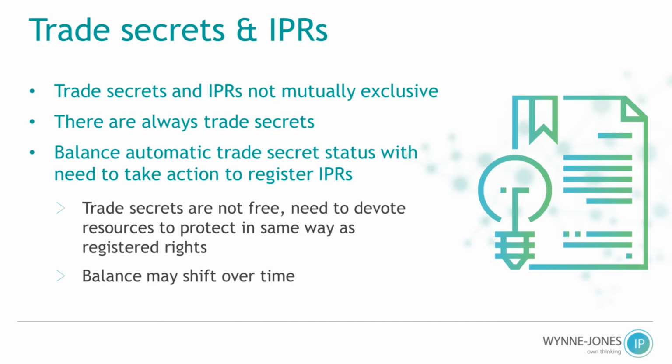Now let's quickly look at the interplay between trade secrets and other intellectual property rights. Trade secrets and intellectual property rights are not mutually exclusive, even though I have said trade secrets are not, by definition, intellectual property rights. So you can have trade secrets embodied in certain aspects of intellectual property rights, but in many cases there is an interplay between the need for intellectual property rights to be made public and the necessity of secrecy.